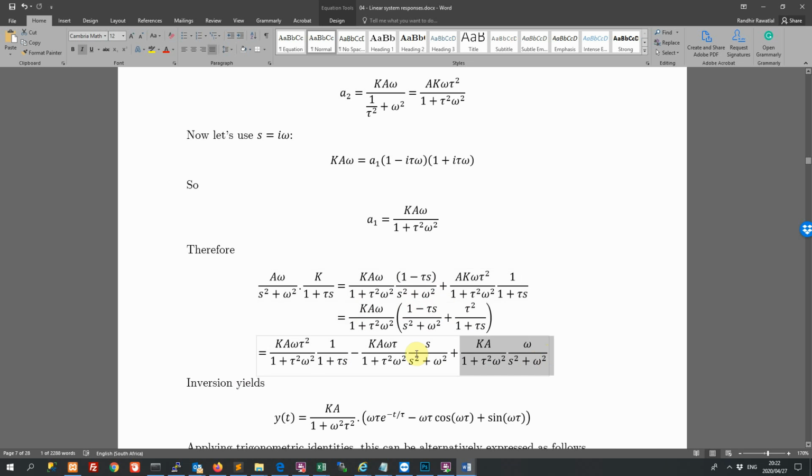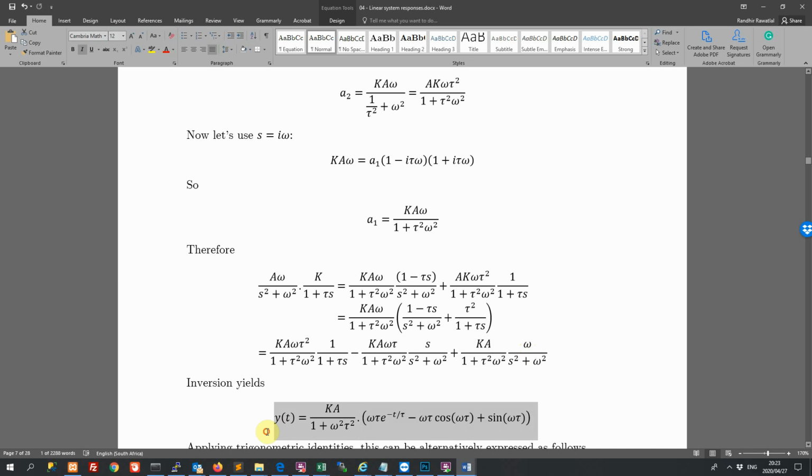And it looks quite long and complicated, but notice here, this is not an s function, right? This is simply a coefficient of 1 over 1 plus tau s. So this is just the exponential of minus t over tau. Similarly here, there's no s term. It's just s over s squared plus omega squared. So this is cos of omega t. And here also no s involved. It's just a coefficient. So this is sine of omega t.